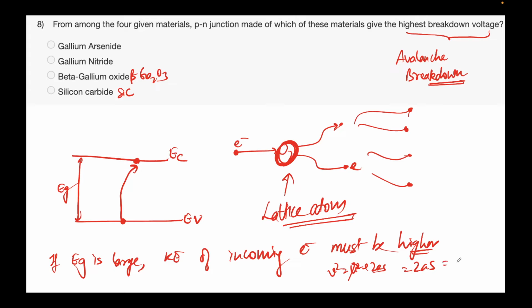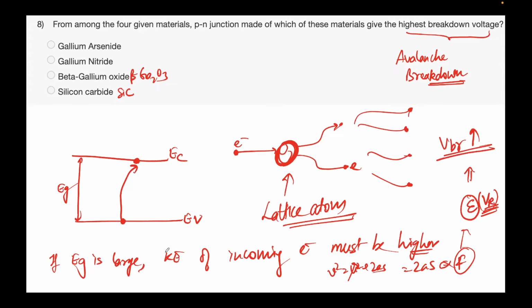So this is directly dependent on the force, and this force term is in turn dependent on your electric field E, which depends on the applied potential VR. Simple as that. So for higher band gaps you need higher kinetic energies, and thus you need higher accelerating potentials. In order to achieve that, you must apply higher reverse voltage, and thus V breakdown increases.